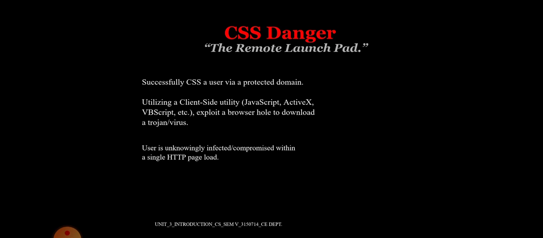It can control the layout of multiple web pages all at once. External style sheets are stored in CSS files. It works independently of HTML and can be used with XML also.